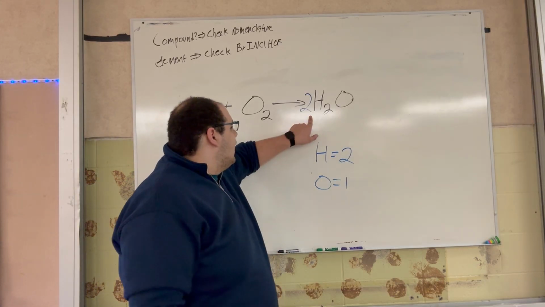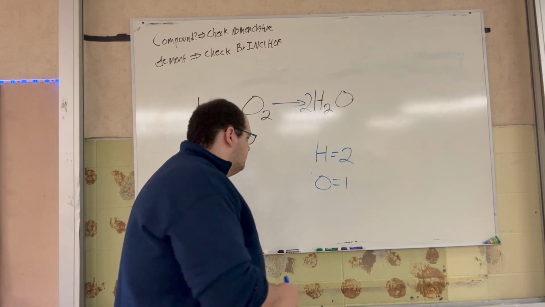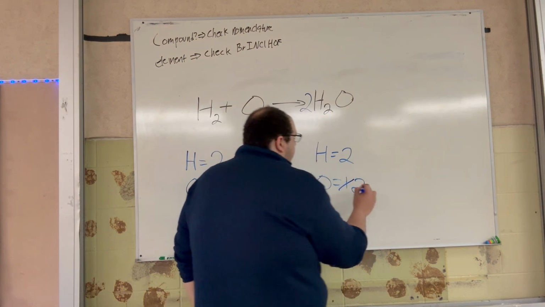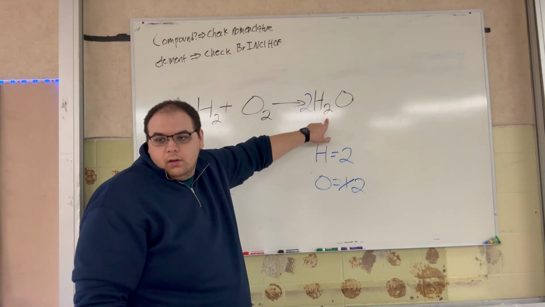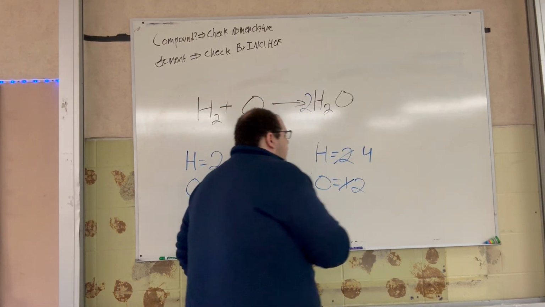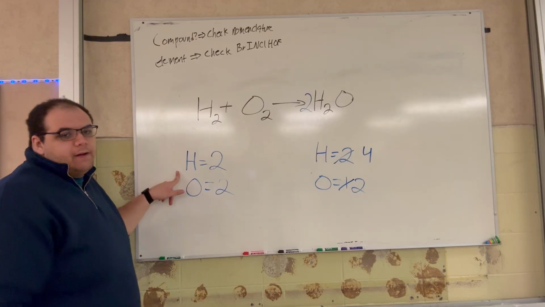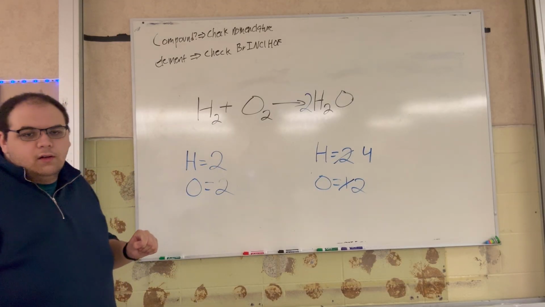Remember, ask your question. Hey, so look, when I add that 2, I change my oxygens, right? How many oxygens do I have now? 2. But what do I also change? My hydrogens. How many hydrogens do I have now? 4. I have 4. Hey, but look, I have 4 hydrogens here, but how many do I have on the left? 2. So what can I do to the left to maybe fix it to make it 4?